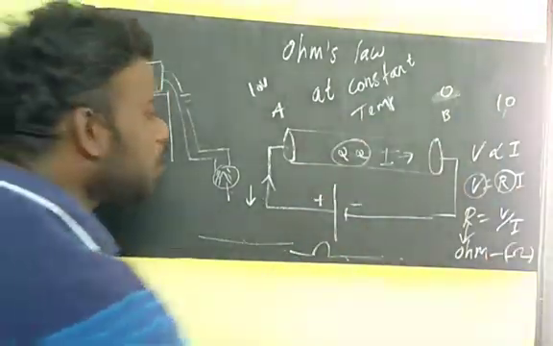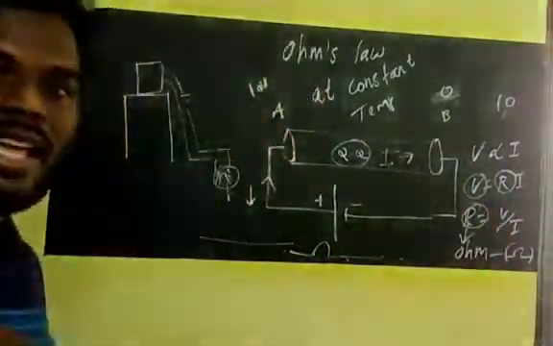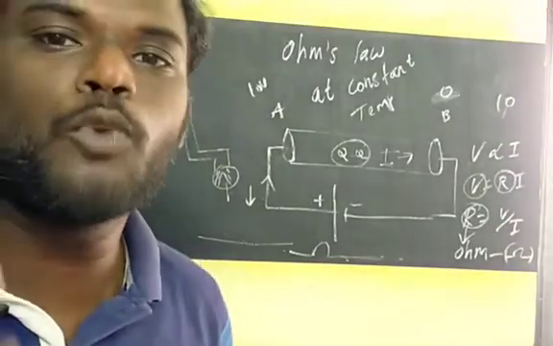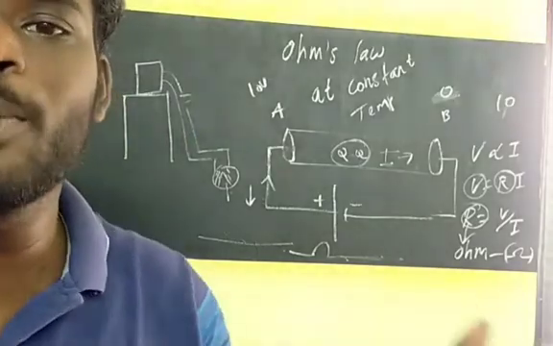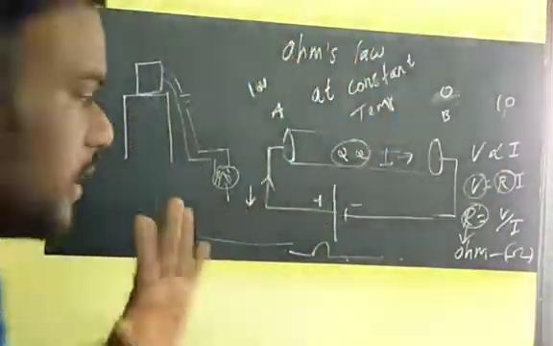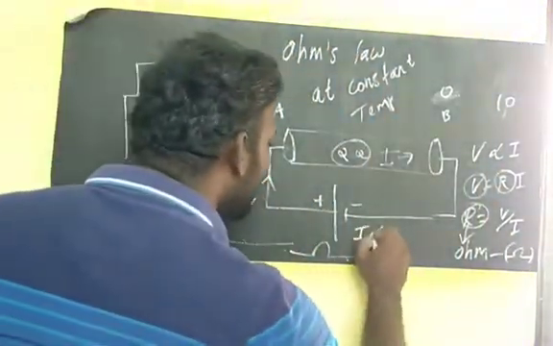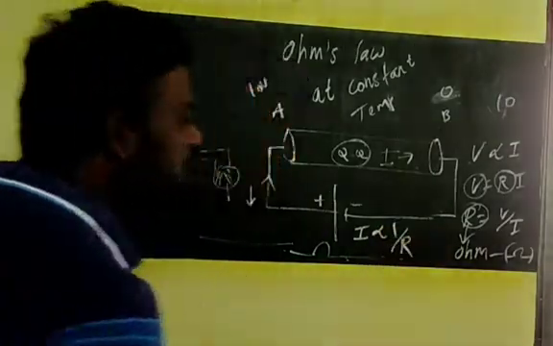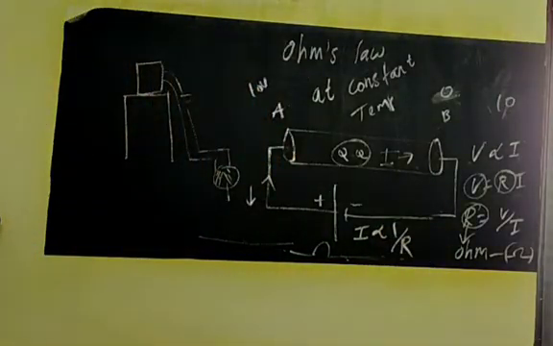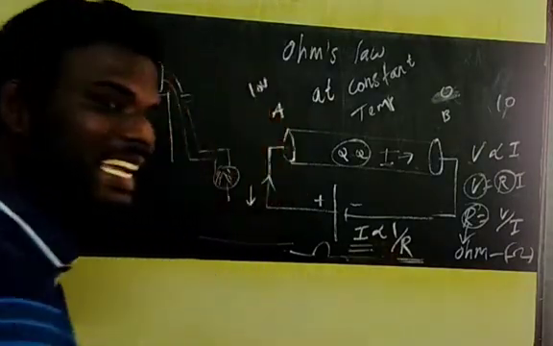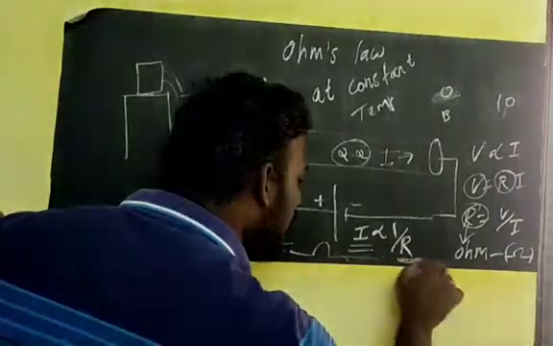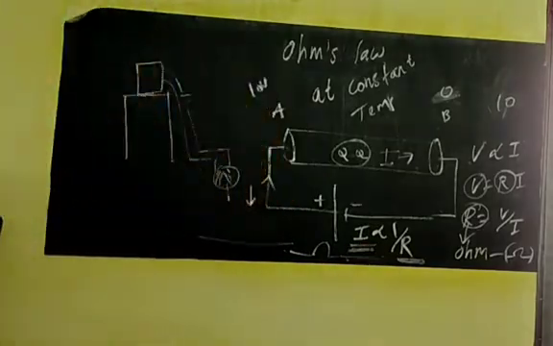Like that, resistance always opposes the flow of charges. If you oppose the flow of charges, the current will decrease. I can say I is inversely proportional to R. When you increase R, I will decrease. When you decrease R, I will increase.